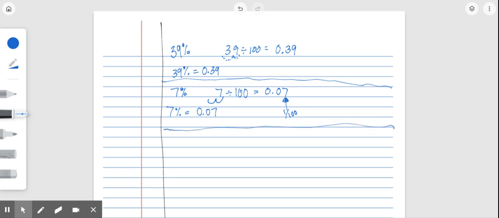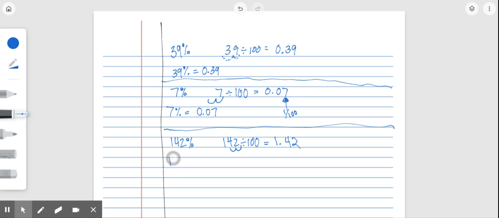Let's try another one. What if I have 142%? This is more than 100%. So I'm going to do the same thing. I'm going to take 142 and divide it by 100. Okay. Remember, to do this, I'm moving the decimal that's at the end of the 2 spots. So this is going to become 1.42 or 1 and 42/100ths.